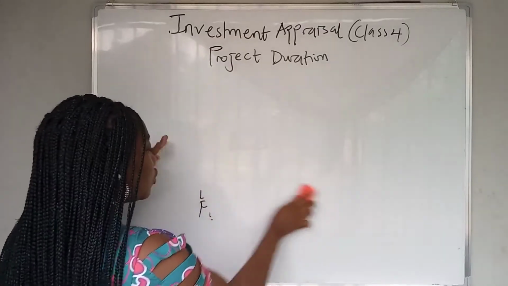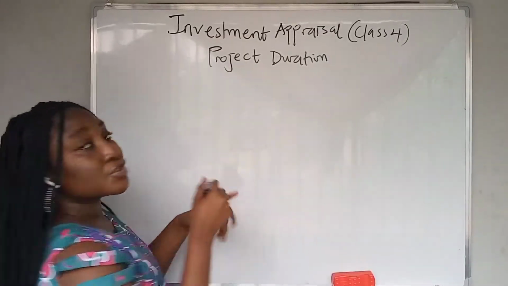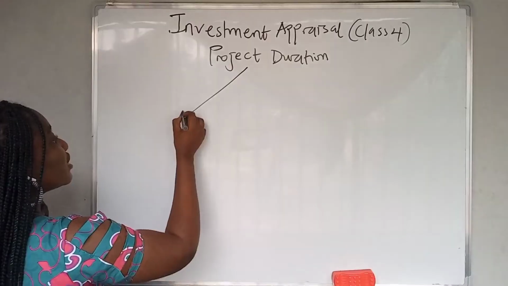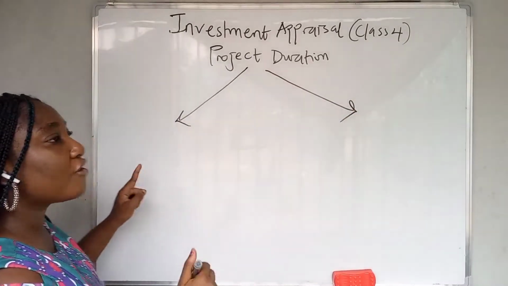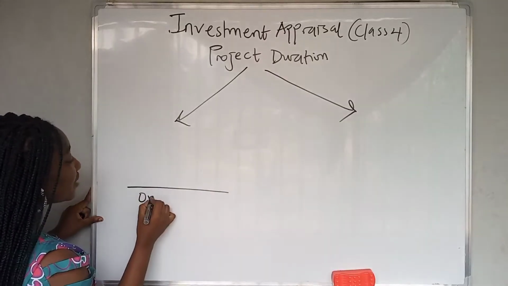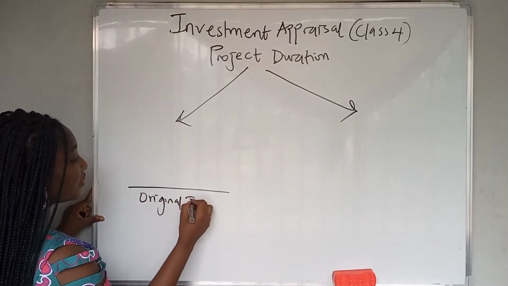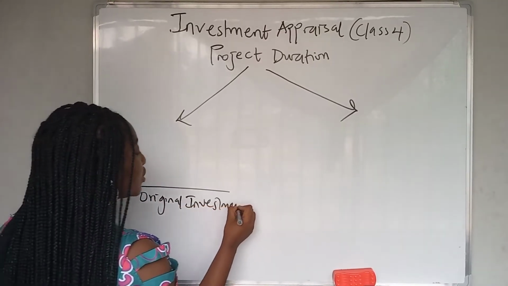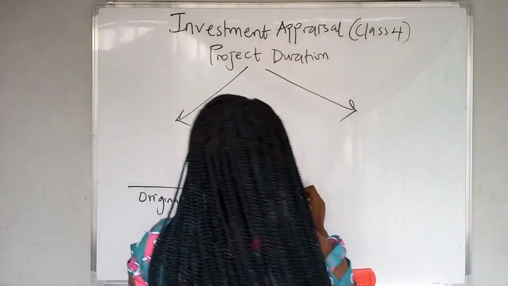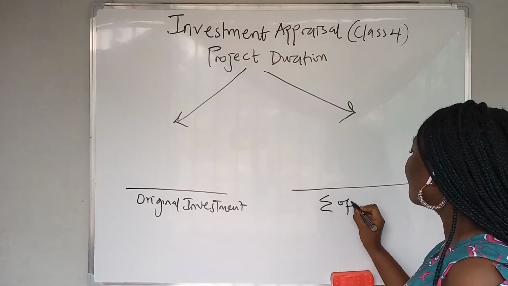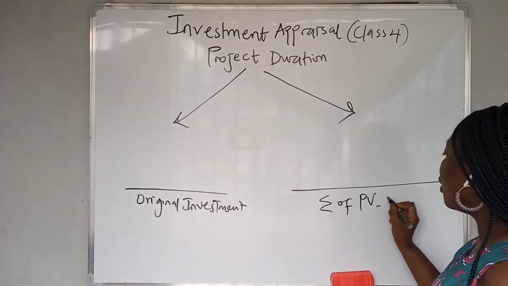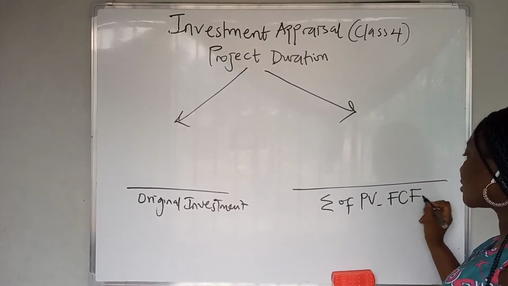So now we have done all those methods, and now we are talking about project duration. I said that there are two ways of calculating project duration. In project duration, you are trying to recover either the original investment, which is the 140,000, or you are trying to recover the sum of present value of future cash flows.